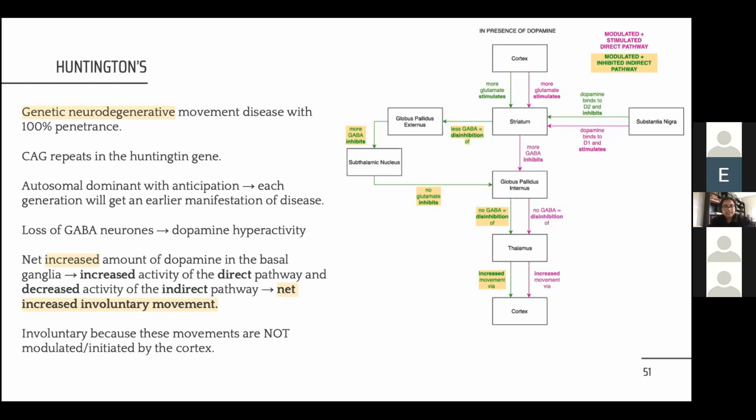We look at this diagram where there's increased dopamine, and when you add dopamine to the indirect and direct pathways, you end up with increased involuntary movement. Remember, this movement is caused by the dopamine. It's not initiated by the cortex. Because of that, Huntington's has all of those flowy, dance-like chorea movements that the person cannot control.